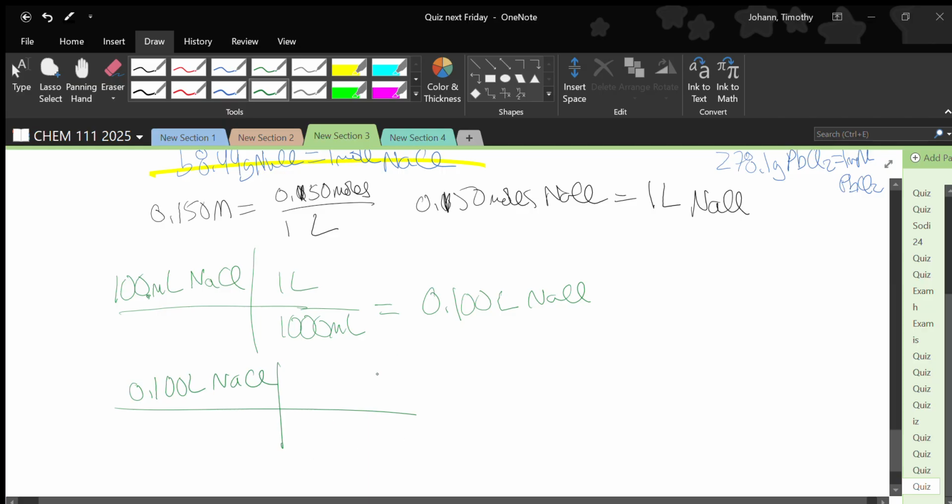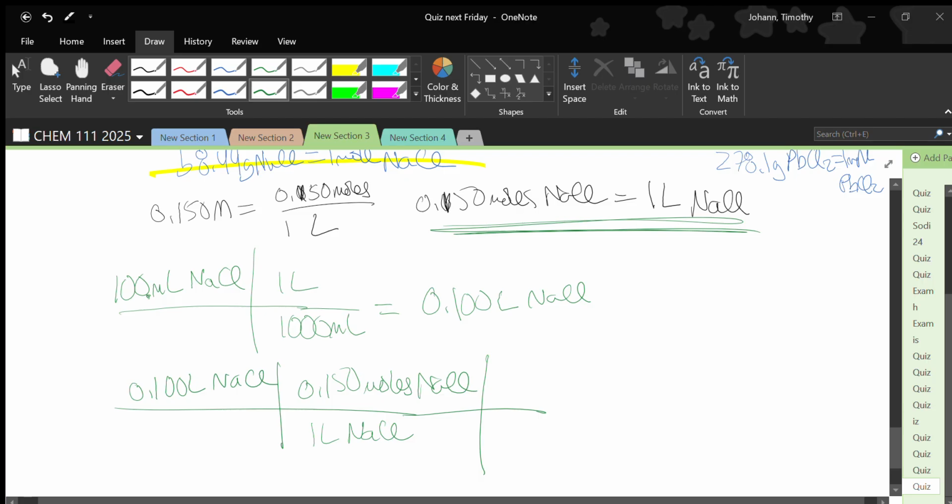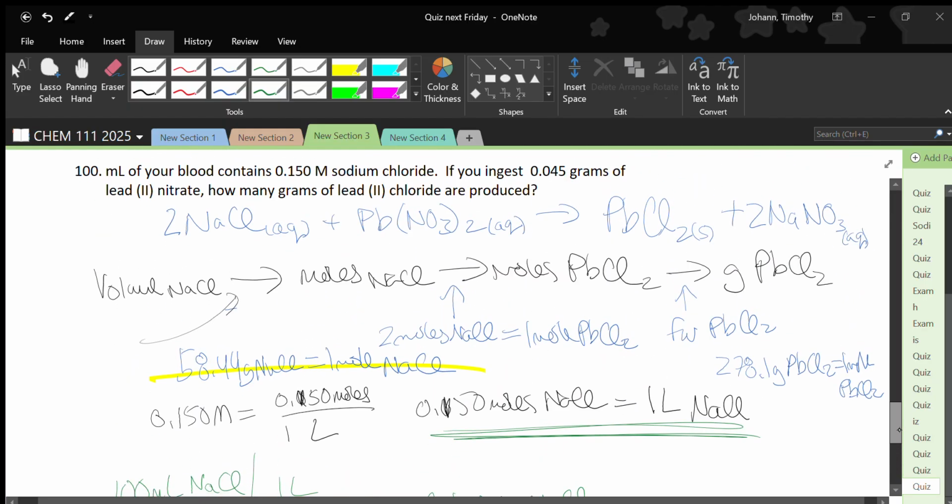All right. And then I've got this conversion here that gets me from liters to moles. So if I have 1 liter of sodium chloride, I'm going to have 0.150 moles of sodium chloride. Right? Okay, so I've got my volume and now I'm at moles. Now I need to go moles to moles of lead chloride.